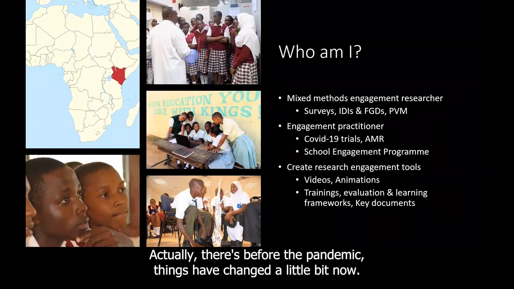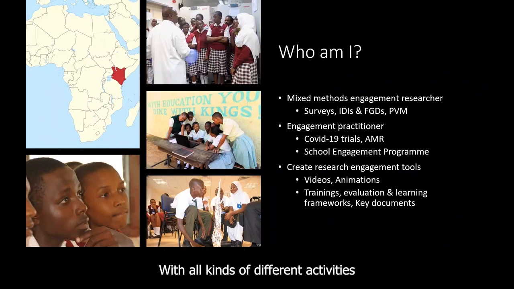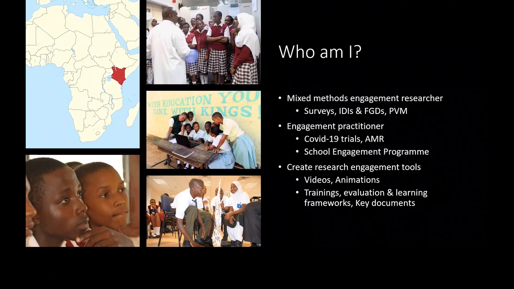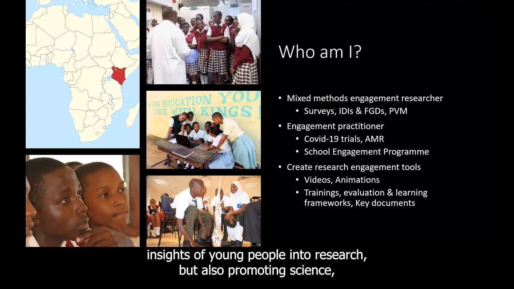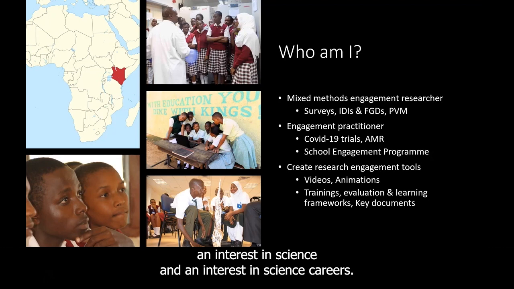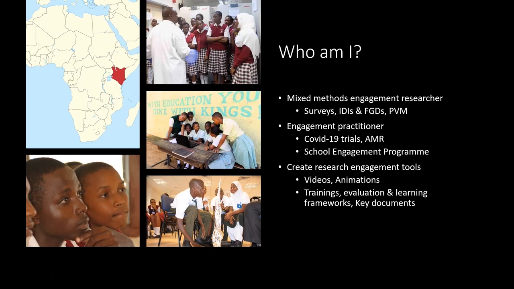Actually, that's before the pandemic. Things have changed a little bit now, and with all kinds of different activities geared towards not only goals of community engagement with health research, like raising awareness of health research and gaining insights of young people into research, but also promoting science, an interest in science and an interest in science careers.